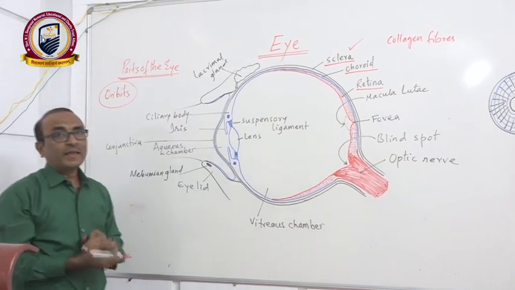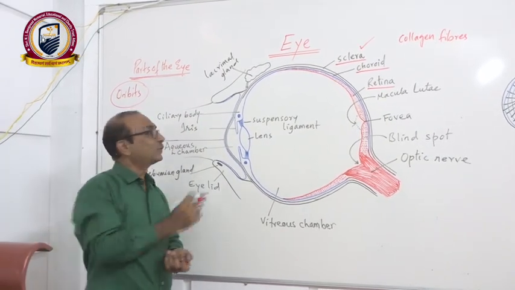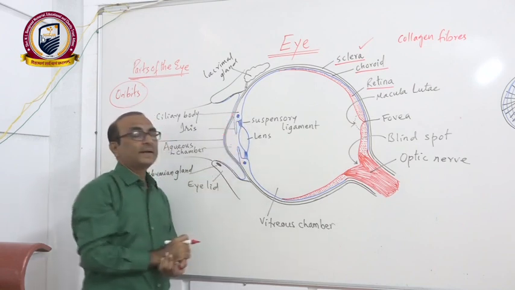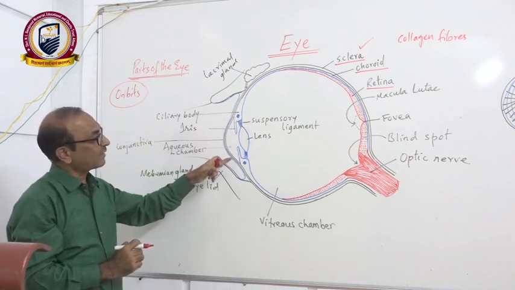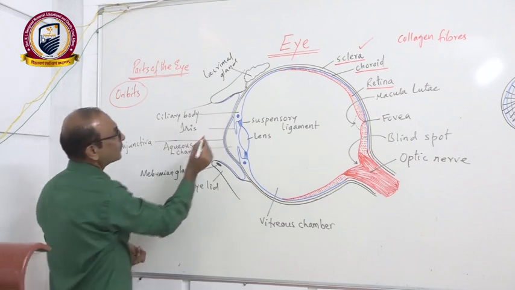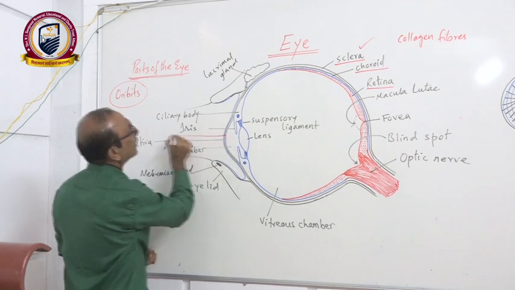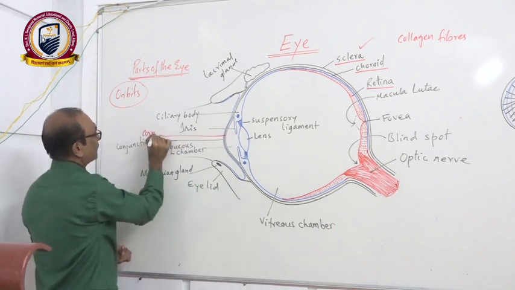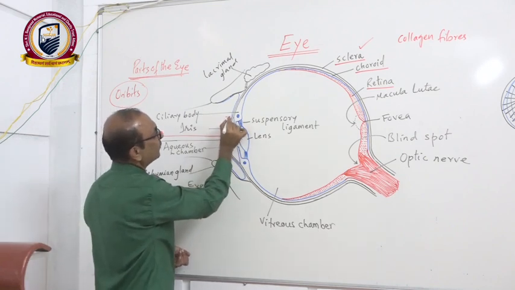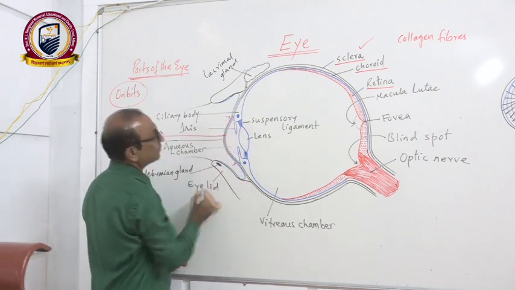And in the front, in a circular region where the sclera is slightly bulging out, it is thin and transparent. That transparent window is called the cornea, which is from here to here.